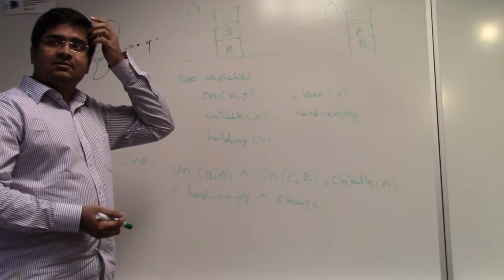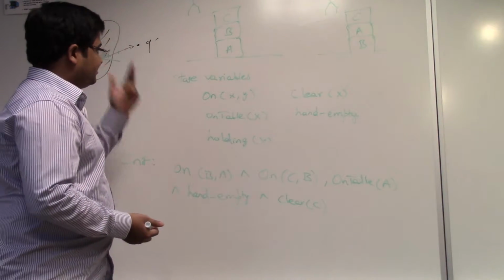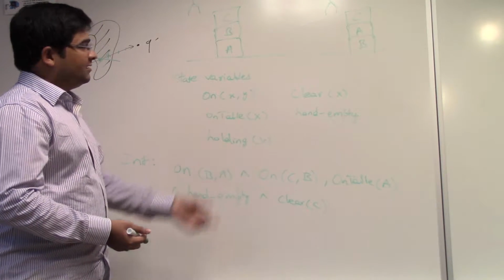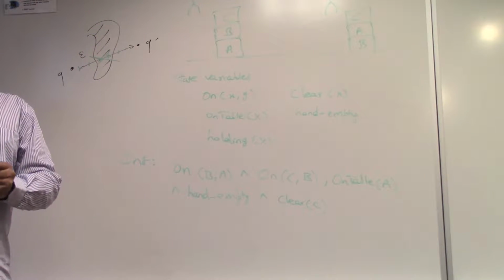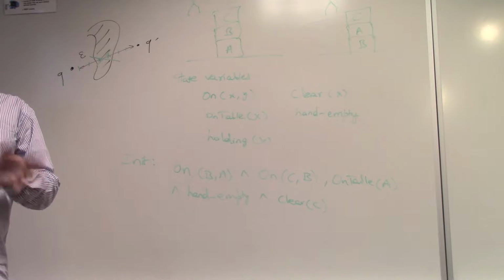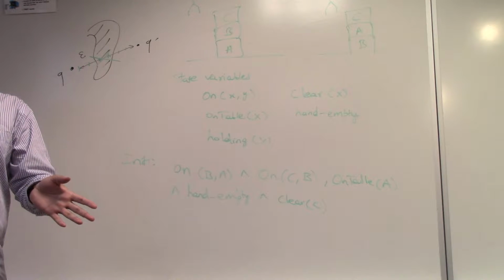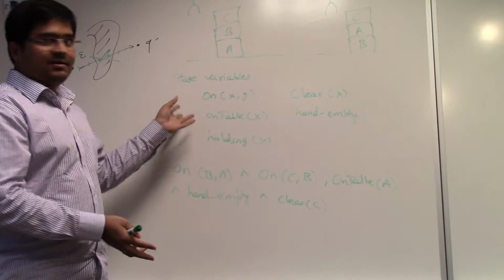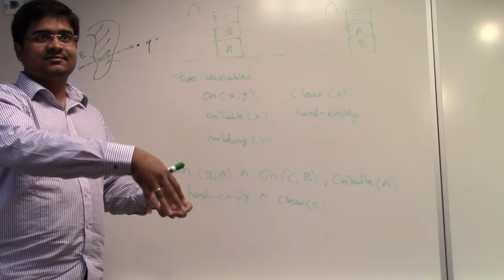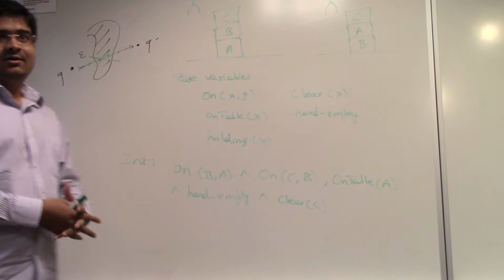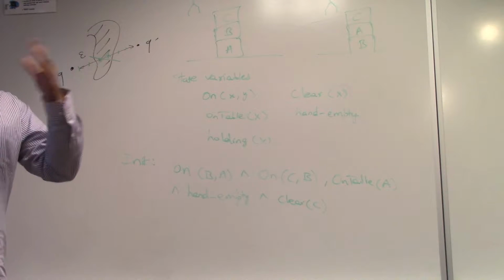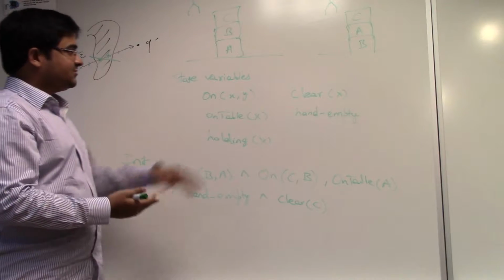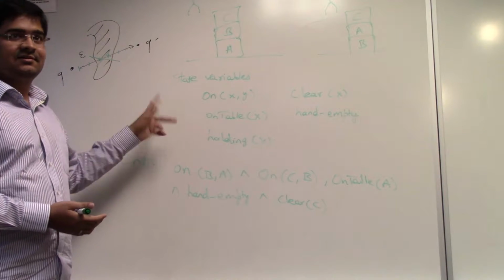One could treat the table as a block, but you will end up with things like on table table, or holding table. To avoid all that, you would need to put a lot more things in STRIPS. So that's why we'll have it separately.